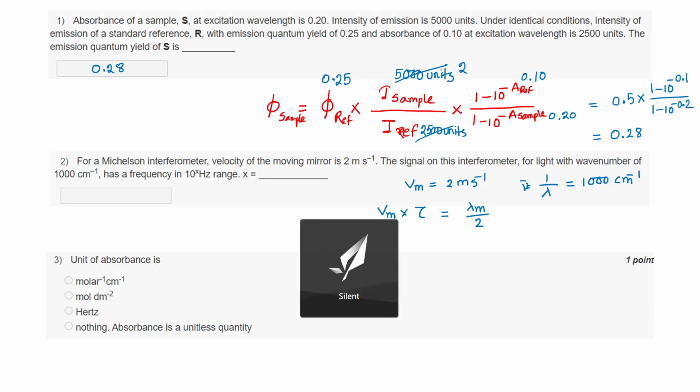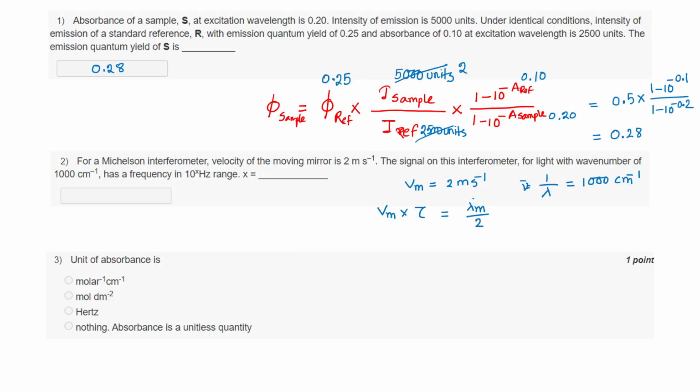We need to move the mirror by lambda m by 2, so that the light will move lambda m, because if we move it lambda m by 2, then light has to cross that path twice. It will once come and then it will go.